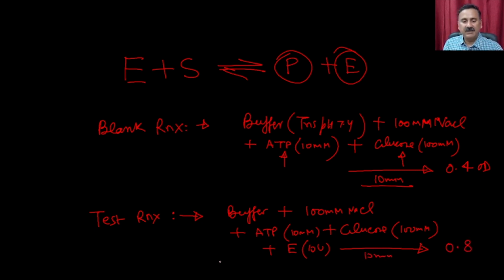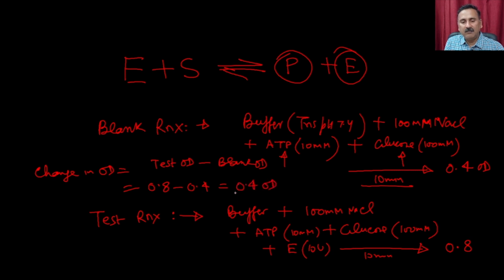This means if I want to know the enzyme catalyzed reaction's OD, the change in OD, I'm going to do the test OD minus blank OD. This means 0.8 minus 0.4, and that 0.4 OD is what has changed when the enzyme was added.